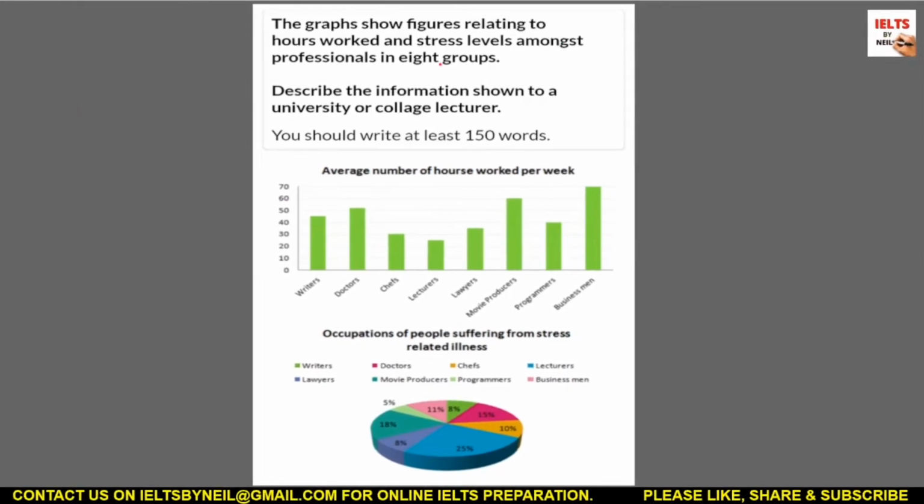If you have a look here, this is the question statement, and what we have to do, if you read here, the graph shows the figures related to the hours worked, and stress level amongst the professionals in 8 groups, and this is the stress level.